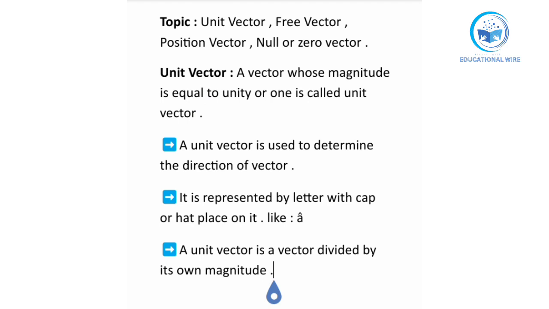Okay, now the third one: a unit vector is a vector divided by its own magnitude. Let's suppose we are having A cap, and this is a unit vector. Now, A is the direction of the vector and this is its magnitude. Now I am proving how a unit vector is a vector divided by its own magnitude.